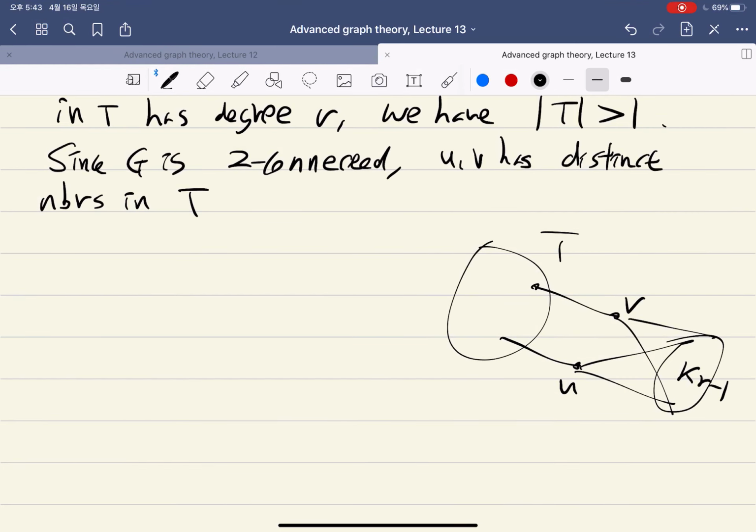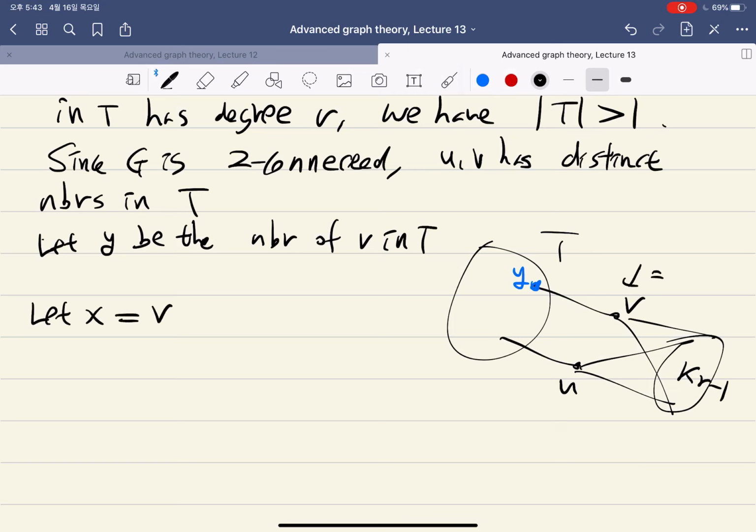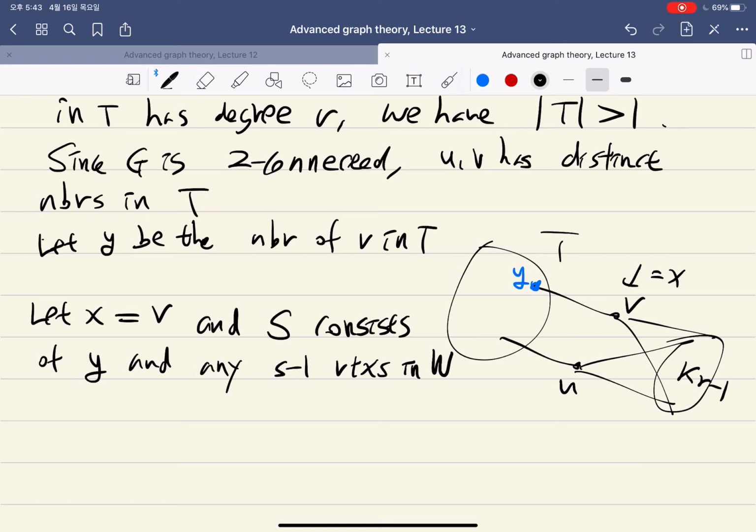So what do we do? Let Y be the neighbor of V in T. And we let X be this vertex V. And let S be the set of vertices consisting of Y and any S minus 1 vertices in W. Then what do we get?